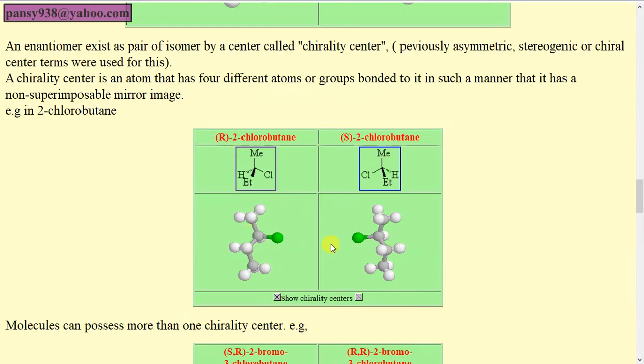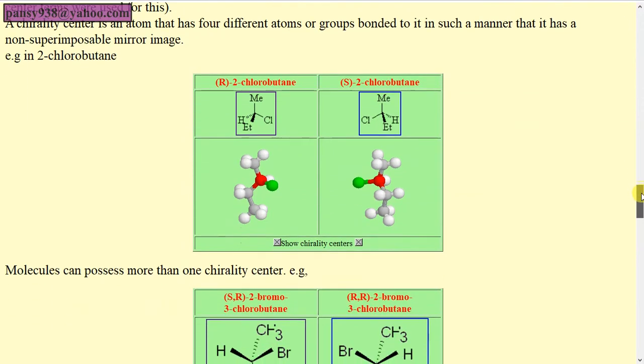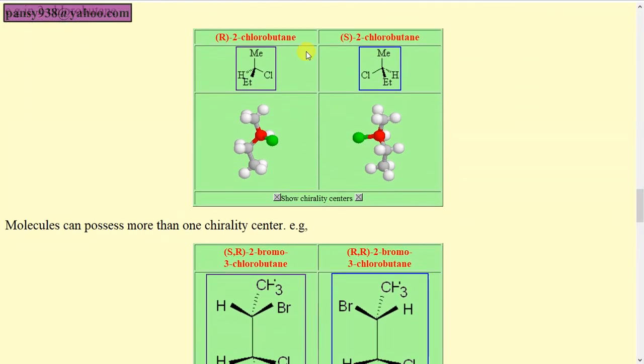This one is the chiral carbon of the molecule. I highlight it by pressing the button, and you see that the chiral center is now in red color. Both are mirror images. This one is the R and this one is the S.